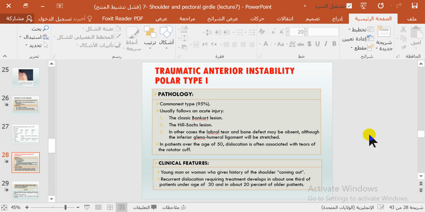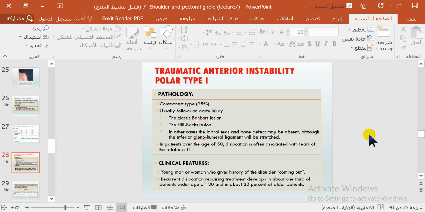Traumatic anterior instability, polar type 1, traumatic structural. It is the common type because of trauma in the shoulder joint, and constitutes 95% of instability of the shoulder joint. Usually it follows an acute injury, which is acute shoulder dislocation.